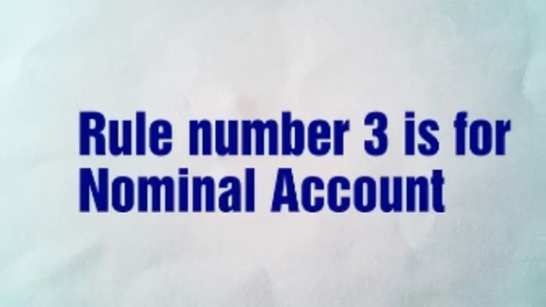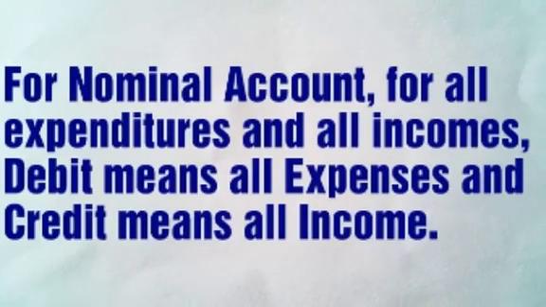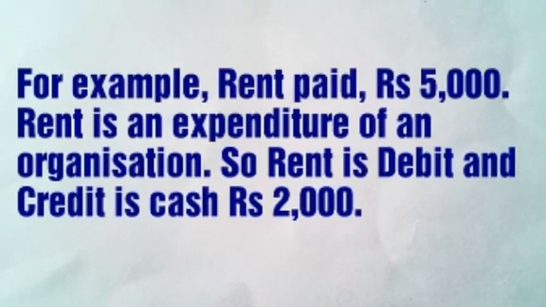Now the rule number 3, that is for nominal account. For nominal account, that is for all expenditure or for all income, debit all expenses and credit all income. For example, rent paid rupees 2,000.